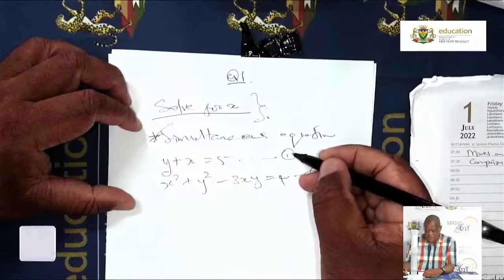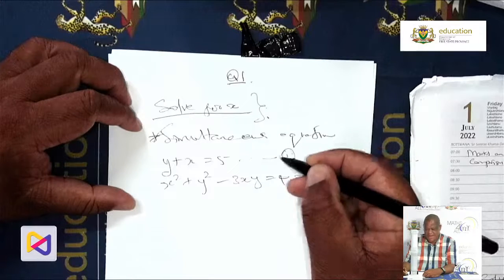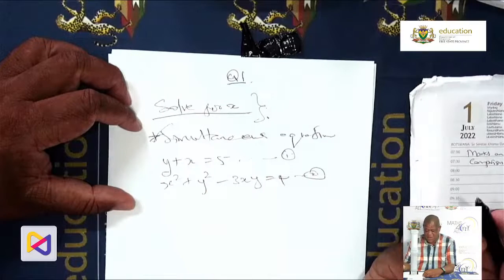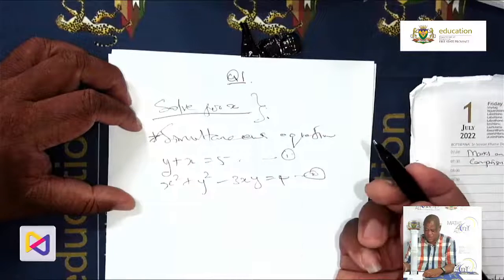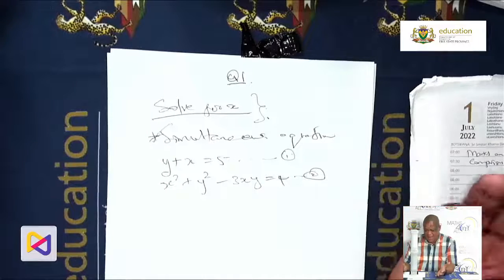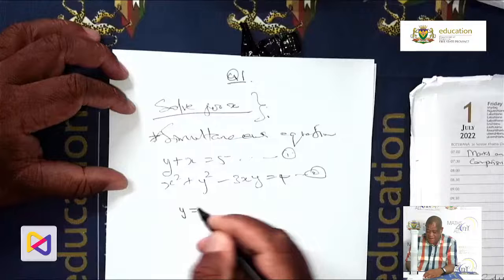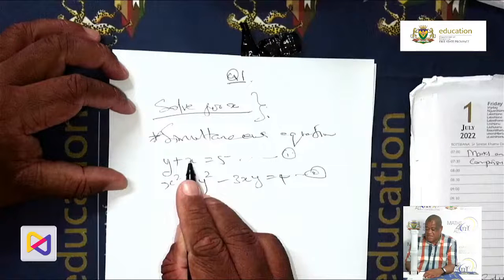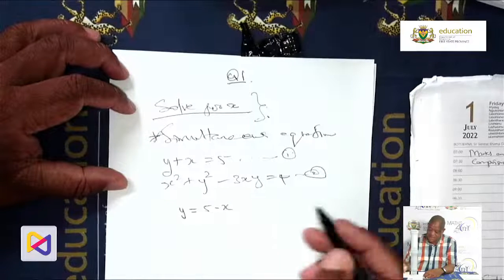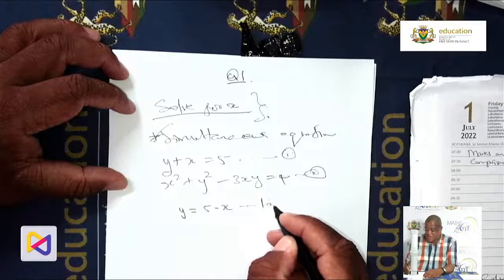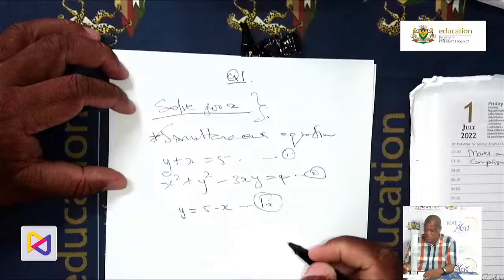You take the first equation, because it's linear, then you can make either y or x. For this kind of equation, it's easy to make either x or y. One will say, let me make y equal to, therefore, I'm transposing the x to the other side, it becomes 5 minus x. So y is equal to 5 minus x. That comes from equation 1, then I can call it equation 1a.